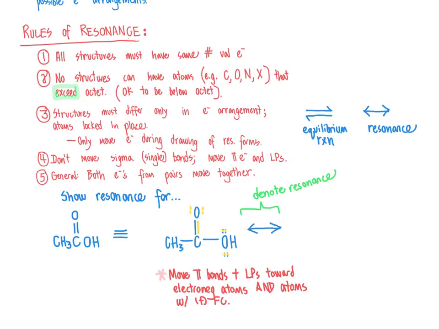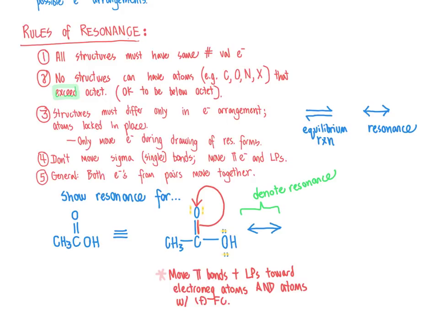So let's take a look at this concept of moving pi bonds and lone pairs toward electronegative atoms and toward atoms that have a positive formal charge. One possibility is that we could take the pi bond, shown in red, which is adjacent to that electronegative oxygen atom. So what if we try to move those 2 electrons from the pi bond up onto the oxygen? I'm showing that with a red arrow, where the arrowhead shows where the electrons finish and the starting point of the arrow indicates where the electrons started.